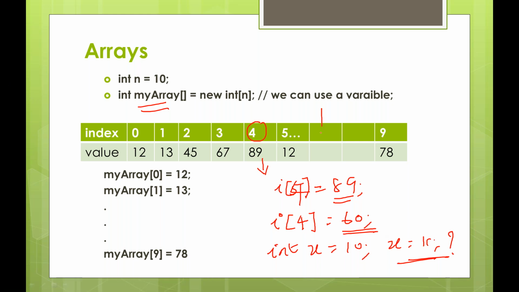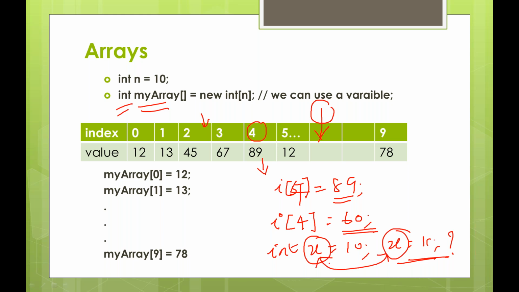So I told you, each element you can consider as either a primitive data type or a complex data type. We'll see how complex data types behave when you declare an array of complex data type. We are considering a primitive data type here, so each element will be like an individual variable.